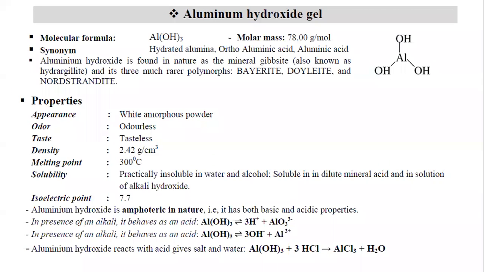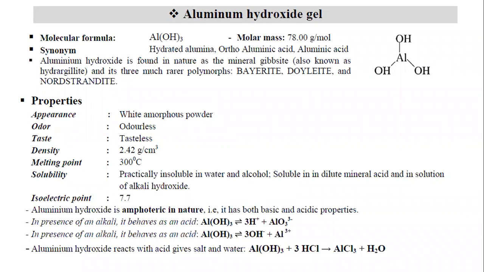Coming to its chemical properties, it is amphoteric in nature. Amphoteric means it has both basic properties as well as acidic properties. In the presence of an alkali or a base, it behaves as an acid. So Al(OH)3 will give you 3 H plus and AlO3 minus.